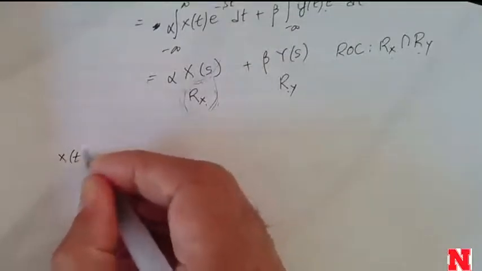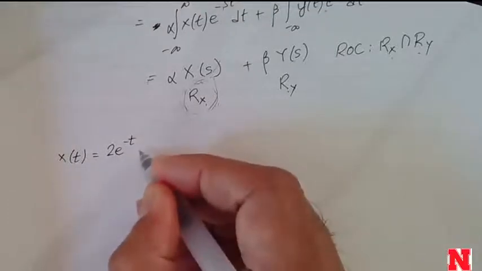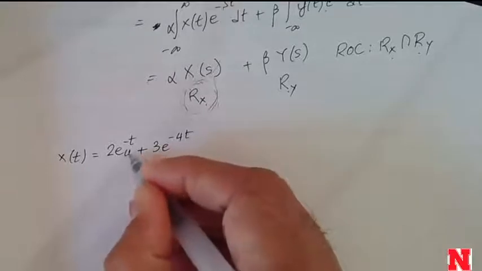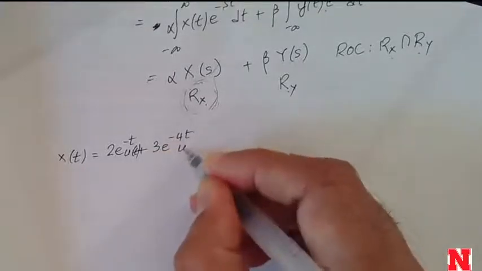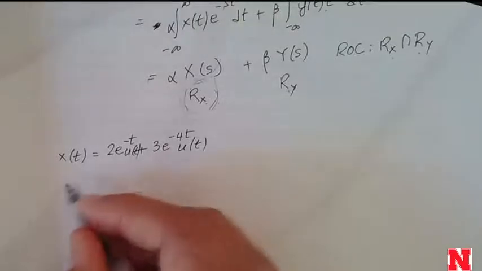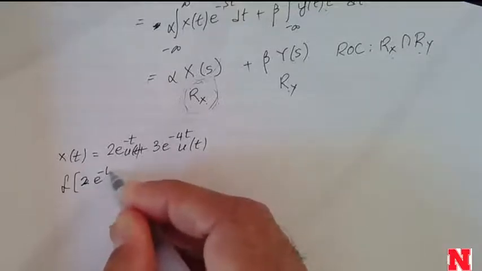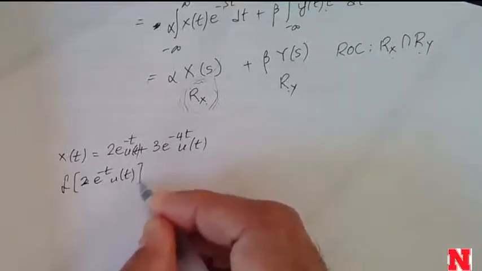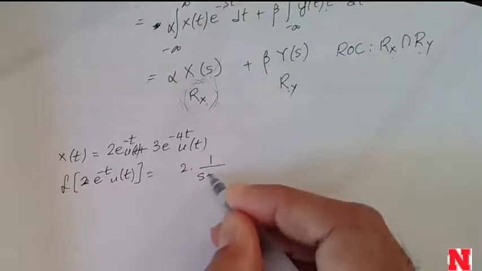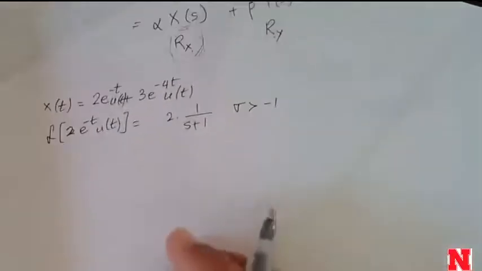So let's say x of t is equal to 2e to the minus t plus 3e to the minus 4t. Again, I keep forgetting the u of t's. u of t, right? The Laplace transform now, if I took these individually, 2e to the minus t u of t would be 2 times 1 over s plus 1, and the region of convergence is sigma greater than minus 1.